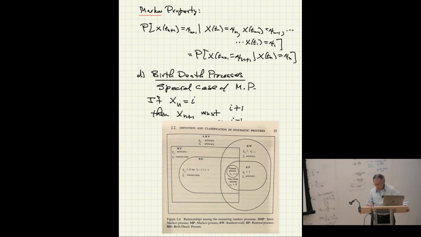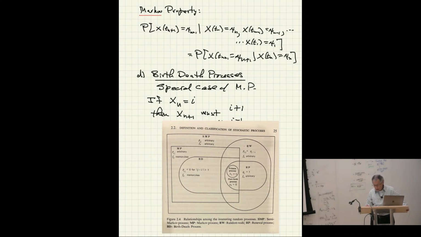Again, what's true for the Markov process is that the time in state is memoryless, but the way you jump between states is arbitrary. It could be any set of numbers. The birth-death process says, yes, it's a special case of a Markov process. It's memoryless, but the P_ij's are specific. J must be i+1 or i-1. It's a special case.